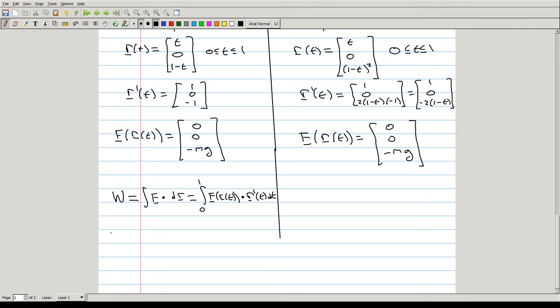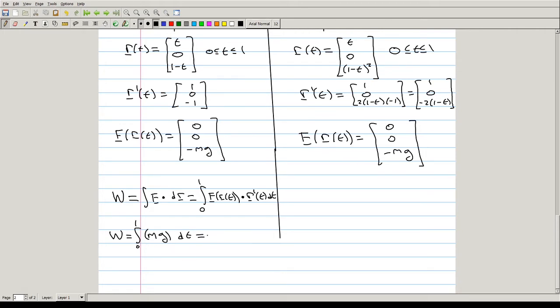So when we go through and calculate the work done against the vector field F along path 1, this becomes the integral from 0 to 1 of the dot product of this vector with this vector, which will be 1 times 0 plus 0 times 0 plus negative 1 times negative mg, which is just mg dt.